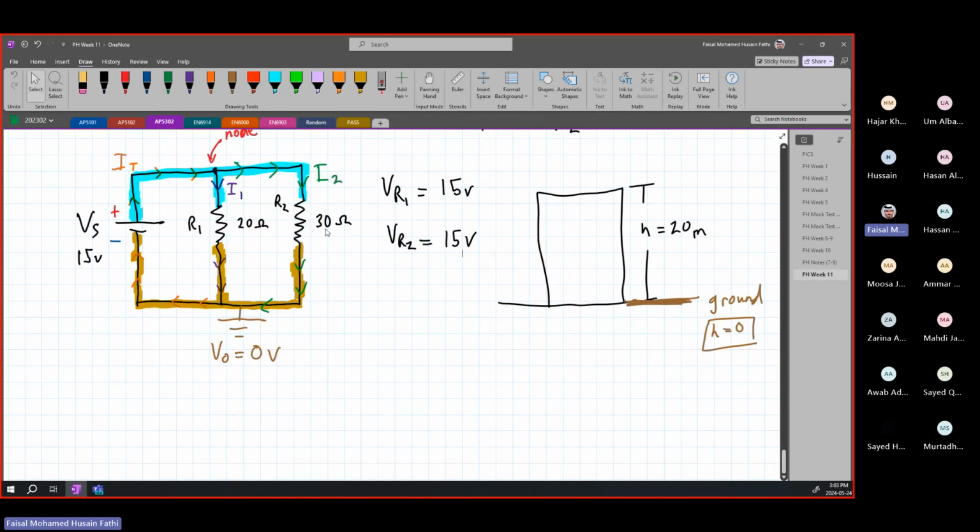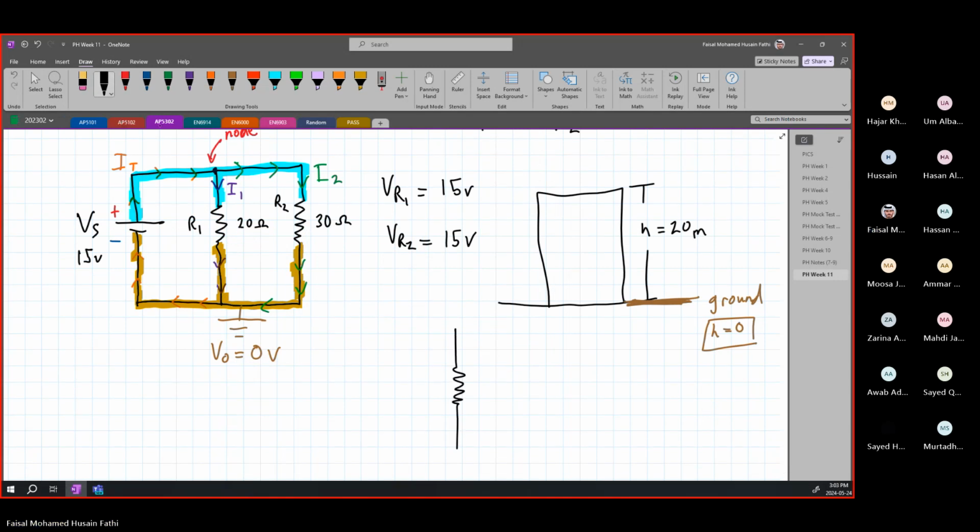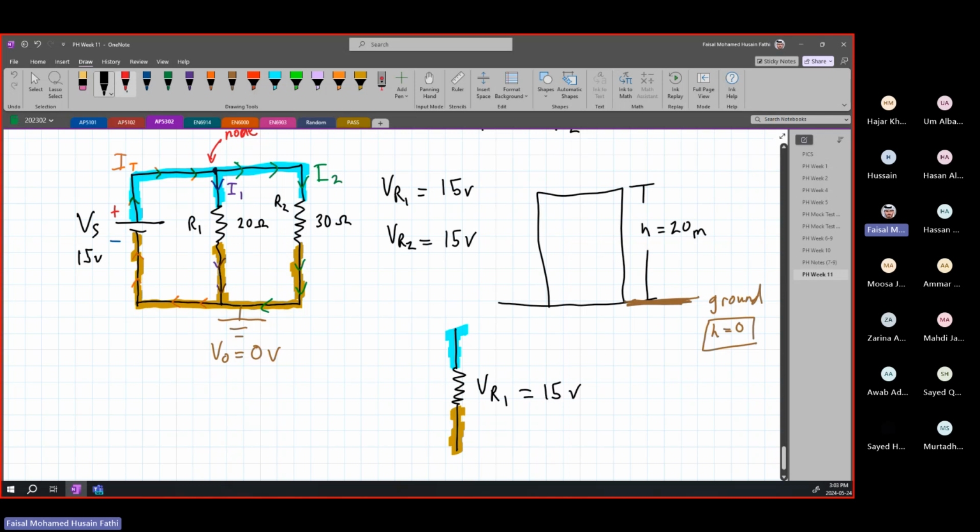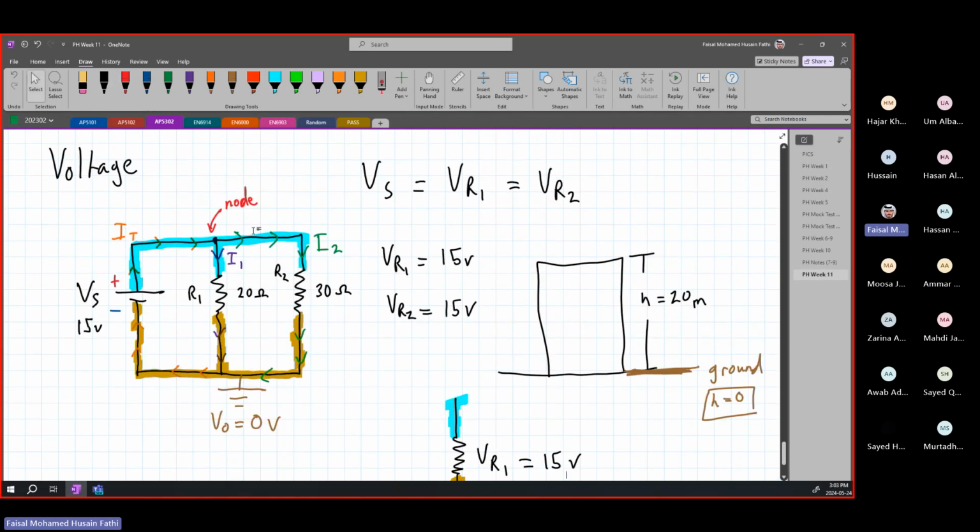Remember what I said about the voltage drop. When you're going through a resistor, we will have a specific voltage here and a specific voltage down here, and we have the voltage drop we talked about. For example, VR1 is 15 volts. In the blue part, we know that they're in parallel.